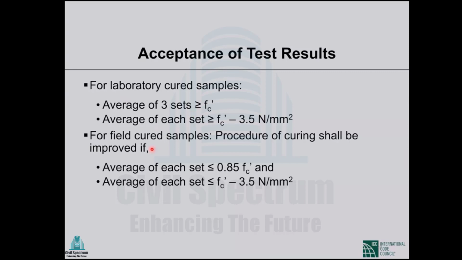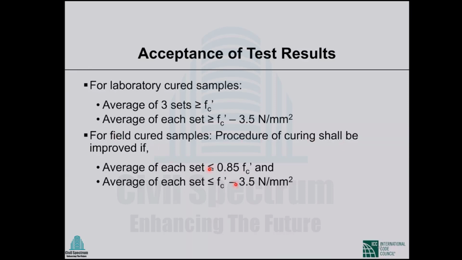But for field cured samples, where you don't send the samples to the lab, you cure them in the field just before the testing. In that case, the procedure of curing shall be improved.